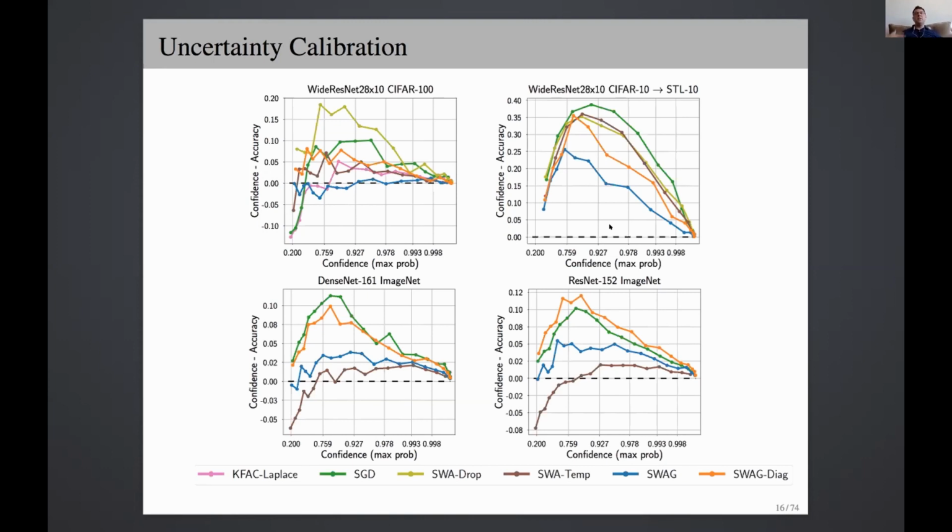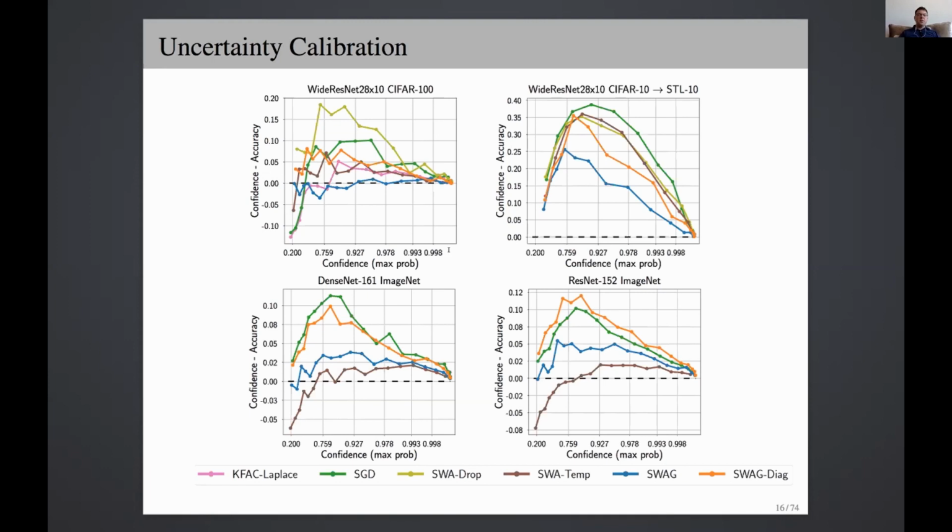So when we do a Bayesian model average and represent this epistemic uncertainty, we should help calibrate these models, which of course is crucial in decision making. If we're looking at an X-ray or something, we don't just want a black box prediction about whether there's a pathology or not. We want probabilities that we can trust to some extent in order to make a decision about what to do about that prediction.